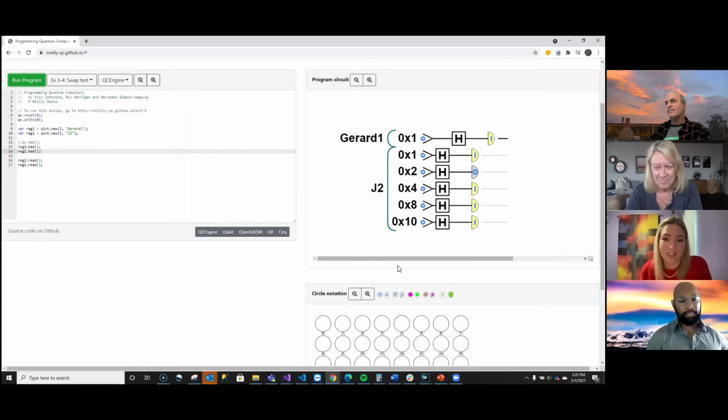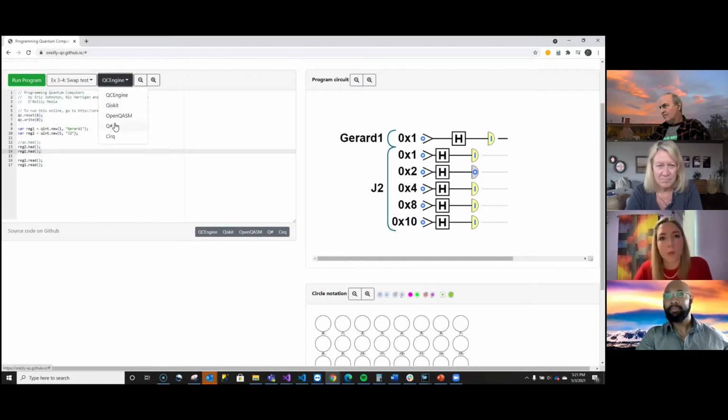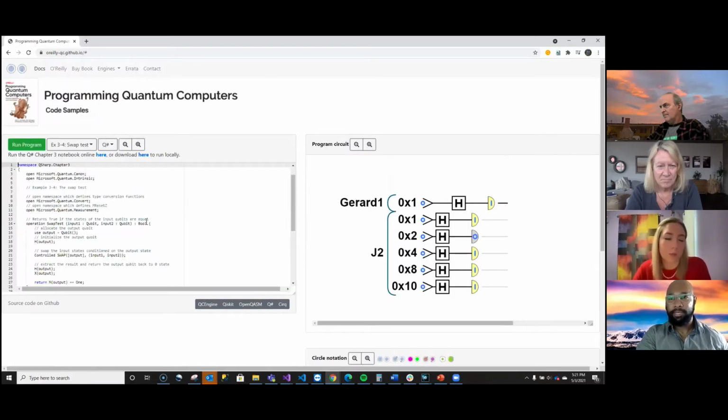I appreciate this. My perspective, actually, in terms of syntax, I don't know if JavaScript has a register as part of the language. The register, from my perspective, is a container for qubits. It'll be great when we get to different languages. Let's look at how Q# does it.